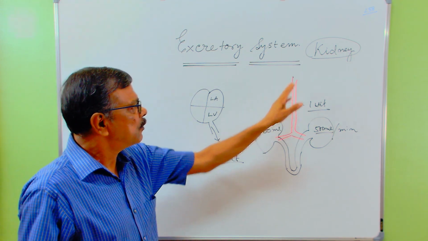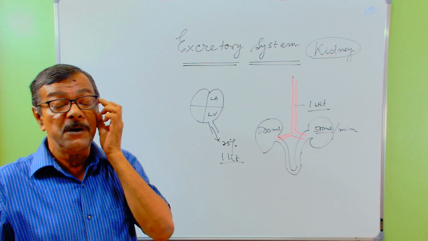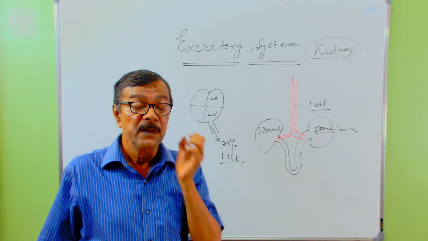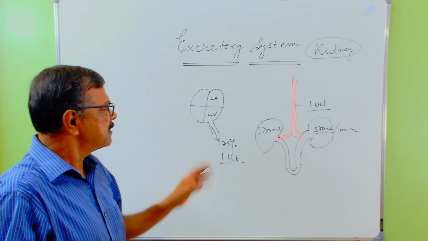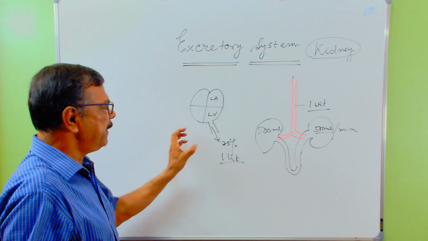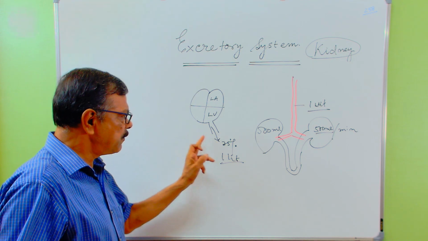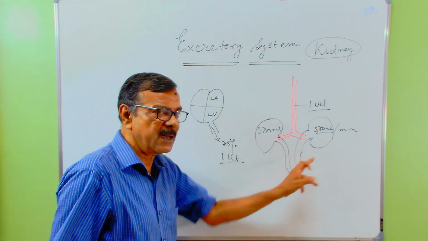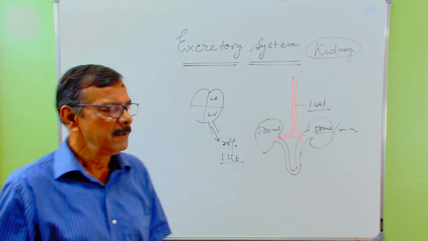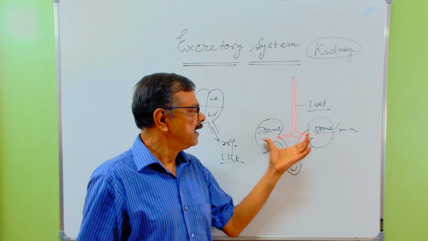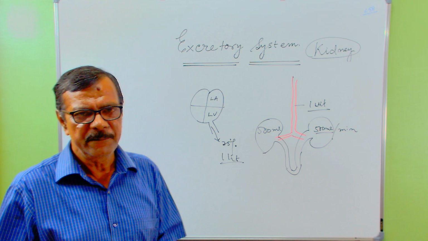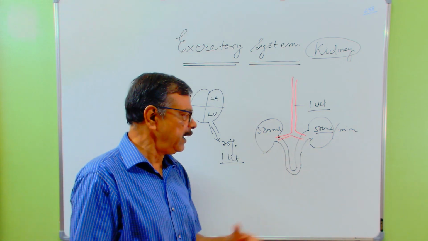Throughout the body, whatever excretory products are being produced go throughout the body, and out of this ventricular output, 25% goes here for filtration, because the kidney is the filtering unit and it filters the urine.